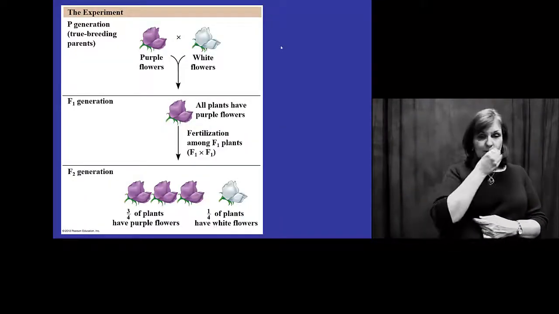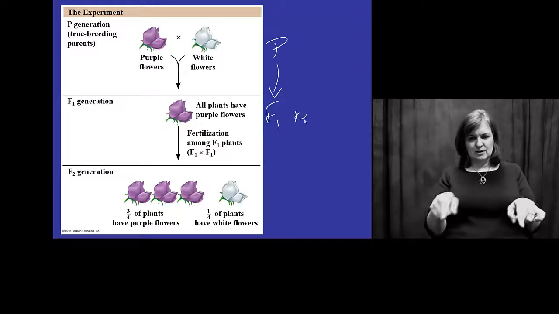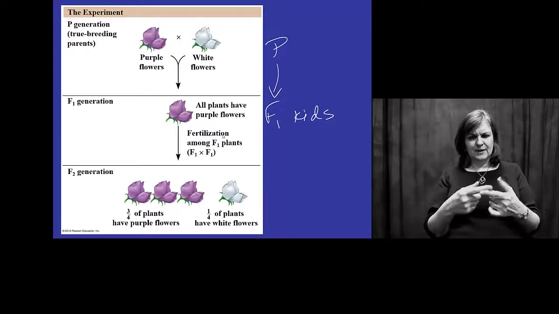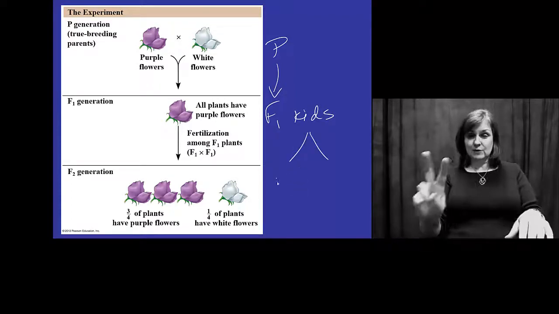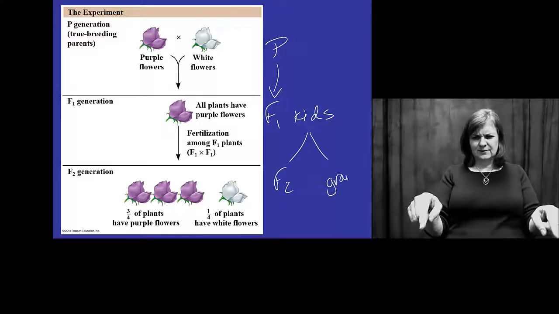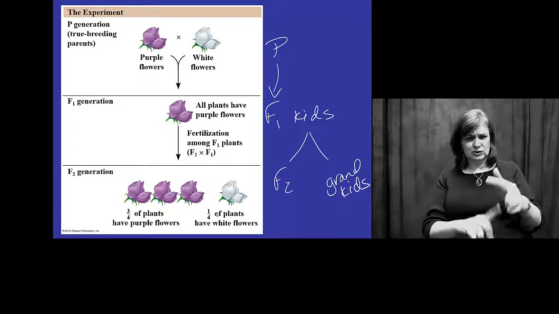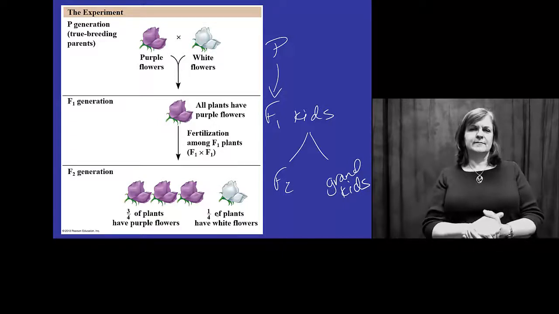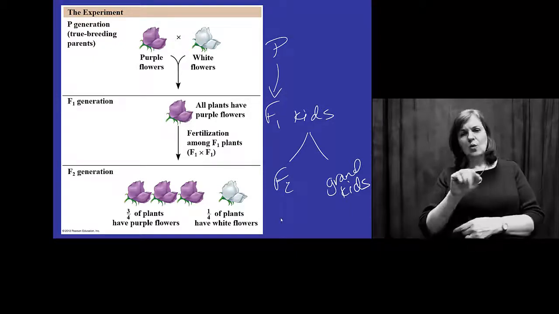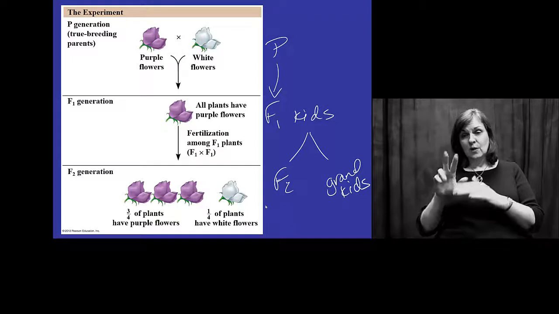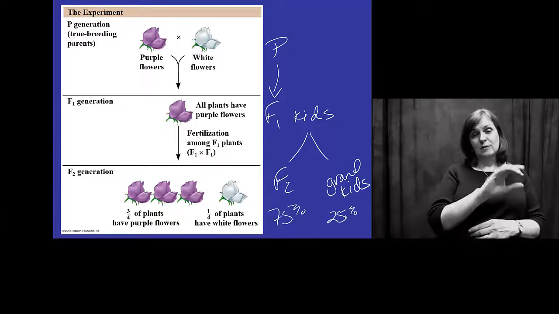Because when you cross the purple flower and white flower in the P generation to get this F1 or kids generation, and these all purple plants, and then you cross the kids and you end up with more offspring, fine, in this second generation, the grandkids, and you start getting this combination of flower colors. He saw over time that he was always getting the same ratios. We have here 3/4 and 1/4, or 75% purple and 25% white.